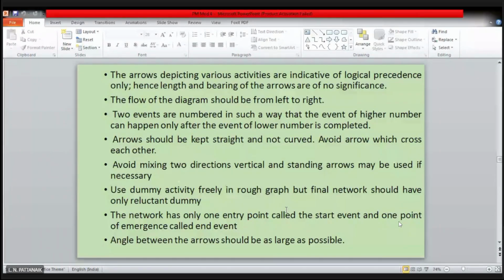So you have to write the event numbers inside that, and you will write the event numbers in an ascending order, starting from the left and moving towards the right. Just like your activities, you are starting from the left and moving towards the right. The event numbering should also start from the left, like starting from 1, 2, 3, 4. You can go in the ascending order, increasing the numbers towards the right.